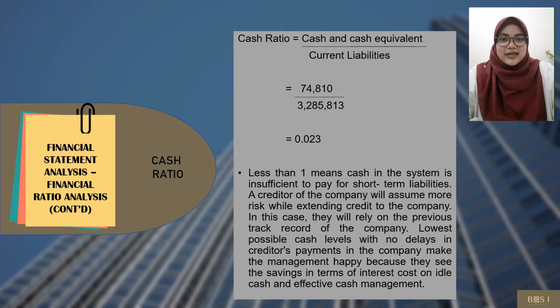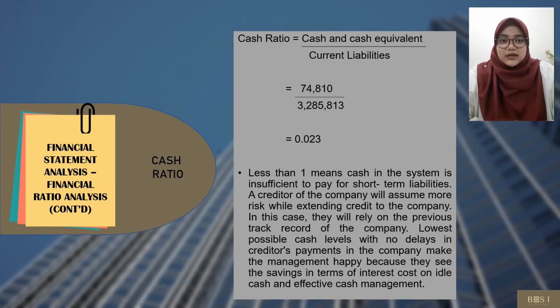Next, let's move to the cash ratio. The cash ratio is a measurement of a company's liquidity, specifically the ratio of a company's total cash and cash equivalents to its current liabilities. The formula to calculate this ratio is cash and cash equivalent divided by current liabilities. As we can see, the cash ratio for Besico is 0.023. A ratio that is less than 1 means that Besico's cash is insufficient to pay their short-term liabilities.